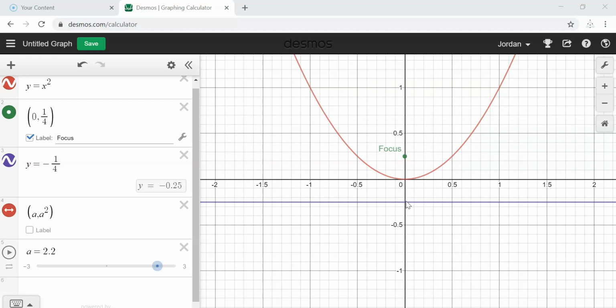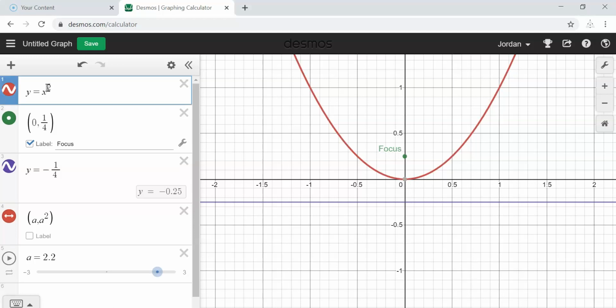Now, that 1/4 depends upon this equation here. It comes out of that equation and the standard form for the equation of a parabola. So that's where the focus and the directrix are.